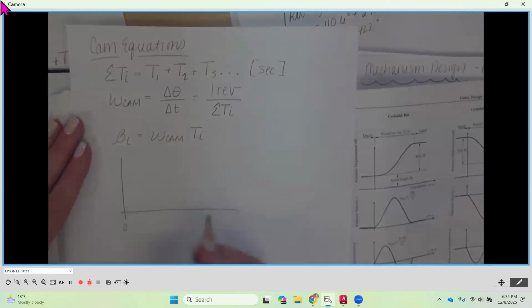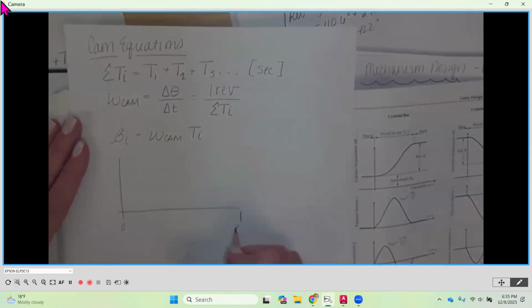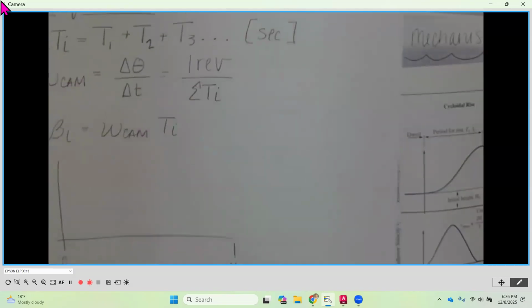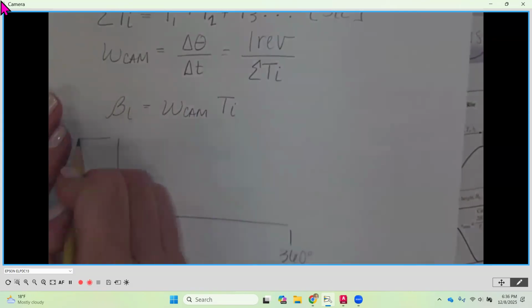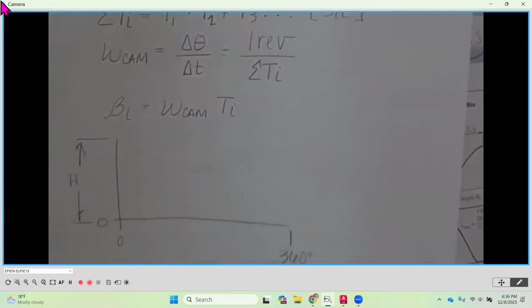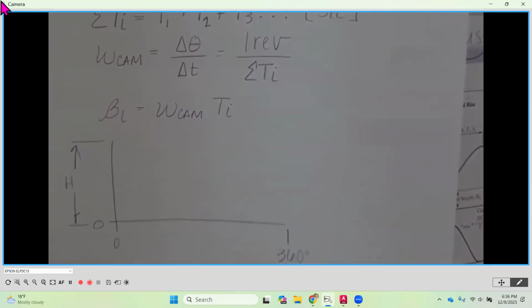So if this is 0 degrees here, and this is 360 degrees, all right? And if we look at 0 degrees here, and this is going to be our total, I'm going to call this H, height, okay? And that's going to be the total rise that we have in our cycle, okay?